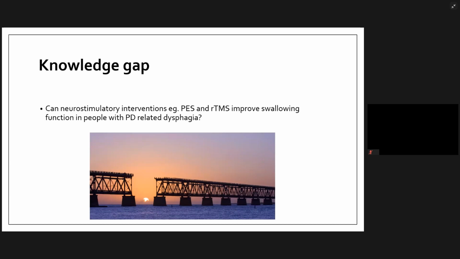Now, what we don't know is whether neurostimulation, for example, the use of repetitive transcranial magnetic stimulation or pharyngeal electrical stimulation, RTMS or PES, can improve swallowing in Parkinson's disease associated dysphagia in a similar manner to the promising results that have been seen with the use of these techniques in post-stroke dysphagia.